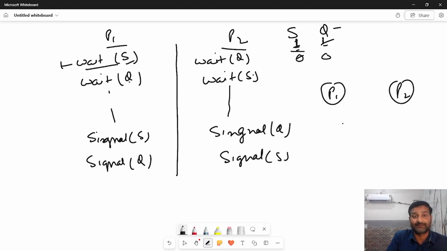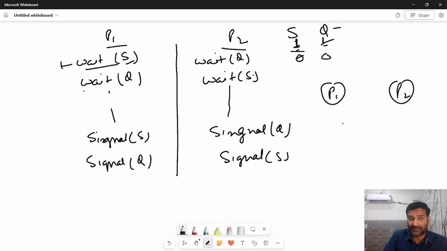Now what happens after that? If P1 wants to acquire resource Q, that is, if it wants to decrement Q, it will not be allowed because it has already been decremented. In a binary semaphore, we all know the value may be either 1 or 0: 1 means allowed, 0 means not allowed.